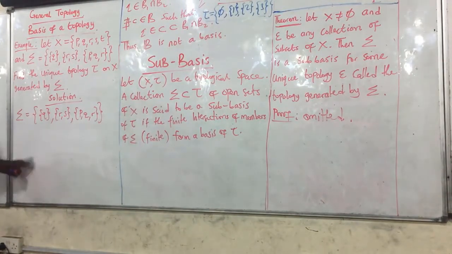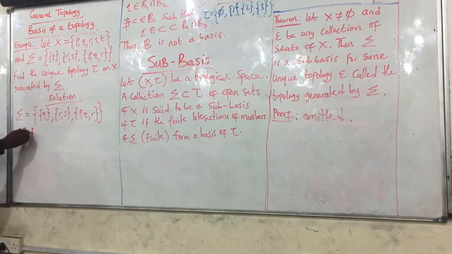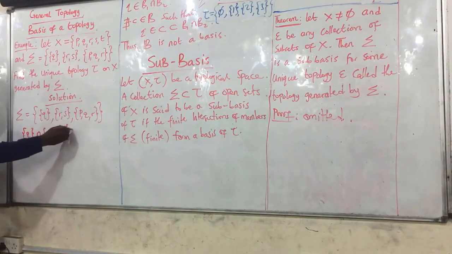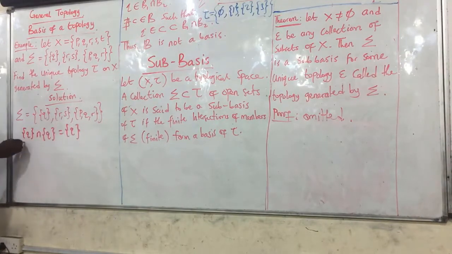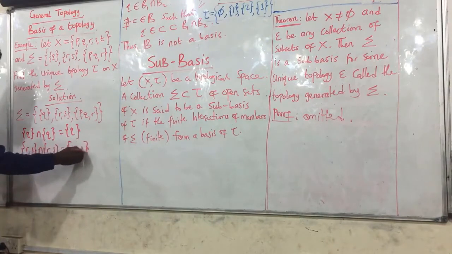So now, let me show you how to do finite intersection. We'll first do Q itself. Q intersection Q itself. What's the answer? Q. You do RS too. RS intersection RS, what's the answer? RS, isn't it?